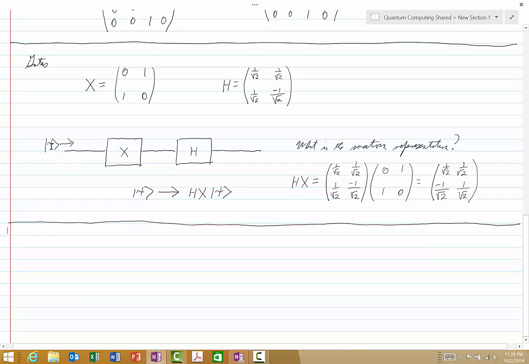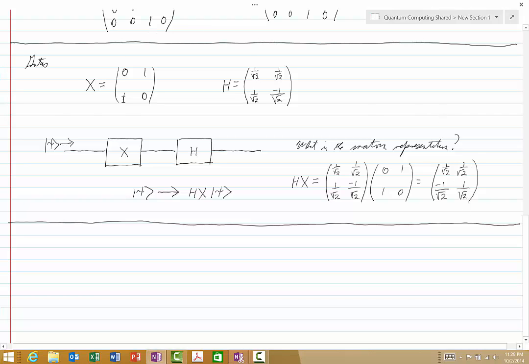And on the other hand, if we had the 1 ket coming in, X takes the 1 ket to this, which is the 0 ket. So the 1 ket would come in, it'd be transformed to the 0 ket, and then H takes the 0 ket to the plus ket. So overall, the 1 ket would go to the plus ket, which is consistent with this.